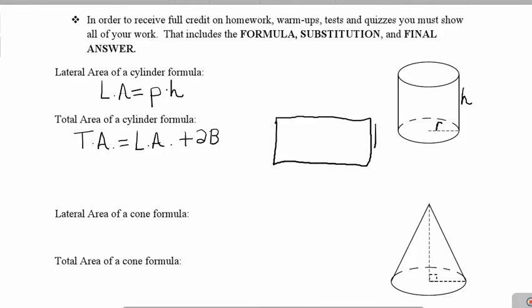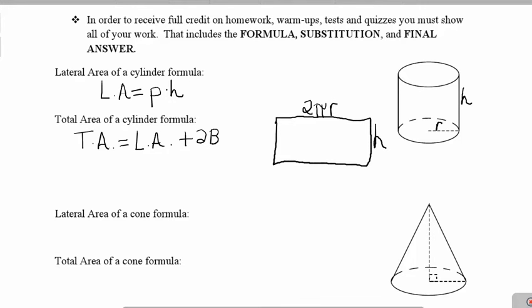And the height of this rectangle is going to be the same as the height of the cylinder when you go to unravel it. Now to find the other side of the rectangle, that is going to be equal to the circumference of the base. And recall that the circumference formula of a circle is equal to 2 pi times the radius.